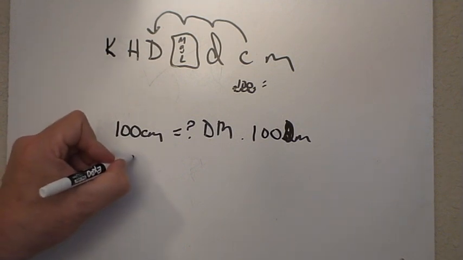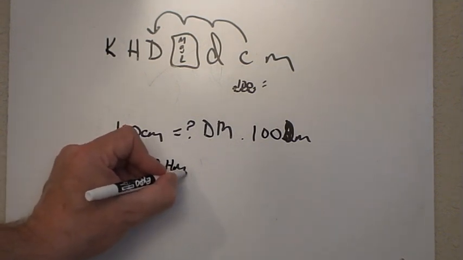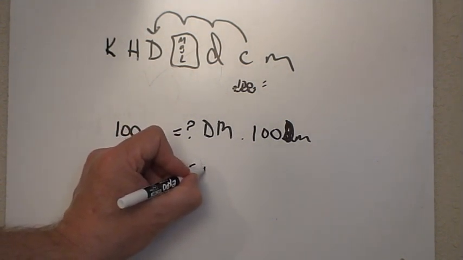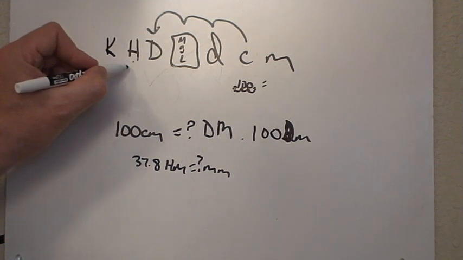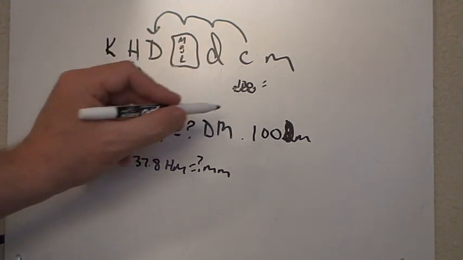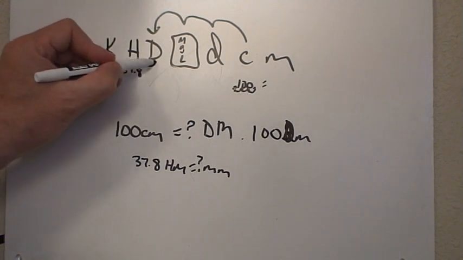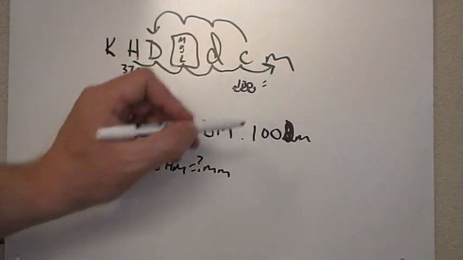If we had something like 37.8 hectometers, and I want to know how many millimeters that is, well, take a look at what we're doing. Here's where my 37.8 is. Here's my decimal point. If these reflect a base 10, it means I'm going 1, 2, 3, 4, and 5. Okay?